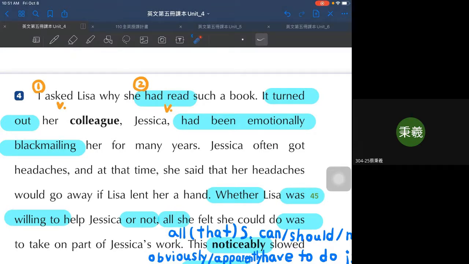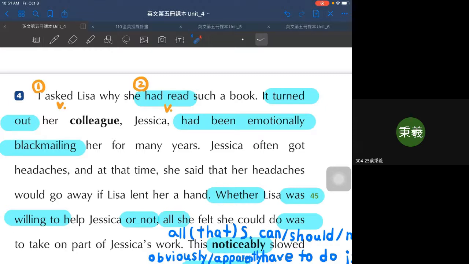Binxi, which one? She had read such a book, or I asked Lisa, which one happened first? She read first.